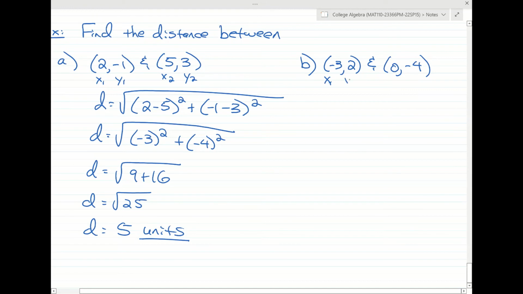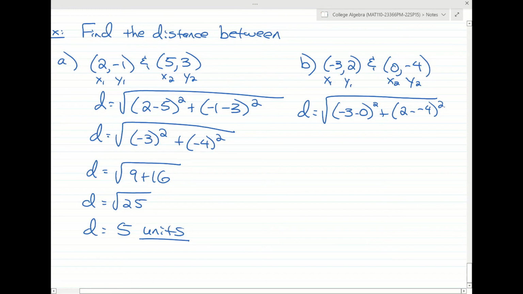This is x1, this is y1, this is x2, this is y2. And the distance would be negative 3 minus 0 squared plus 2 minus negative 4 squared.